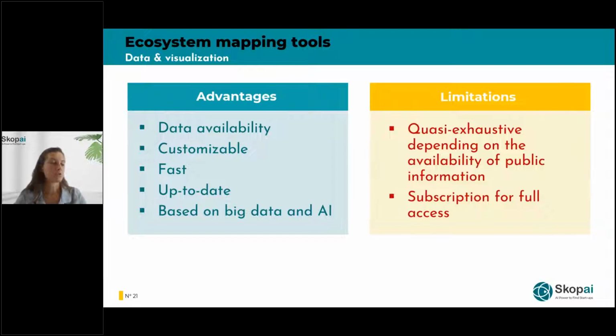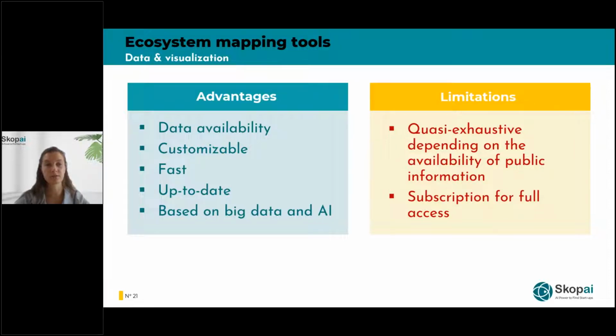Among the advantages of this type of tools is, of course, data availability. So there is no need to collect the data separately before using other tools or using a survey, for example. They are customizable with different filters. They contain information about all startups, but it is possible to define a particular field.